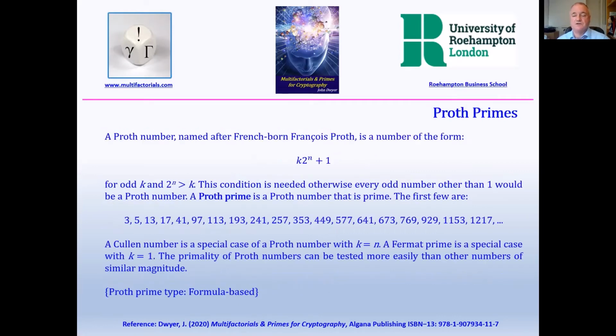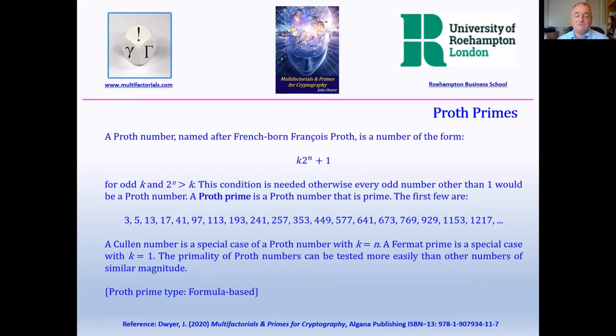The next one is Proth prime. A Proth number, named after Francois Proth, a French mathematician, is a number in the form k times 2 to the n plus 1, where k is odd and 2 to the n is greater than k. We need this condition because otherwise virtually every number would be a Proth number.